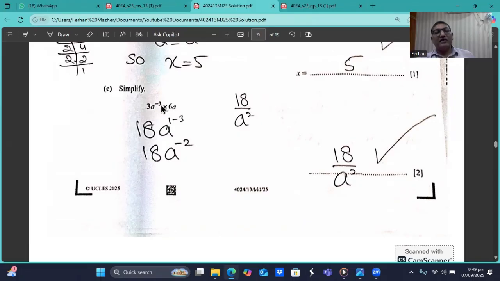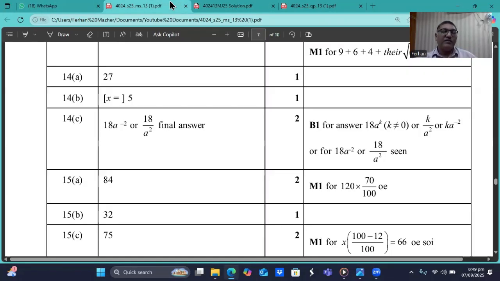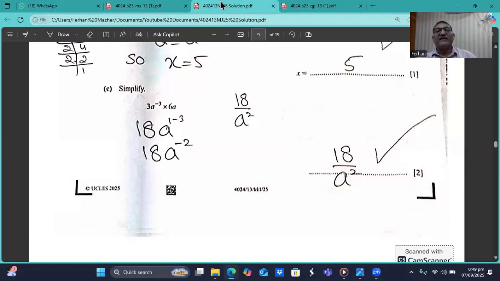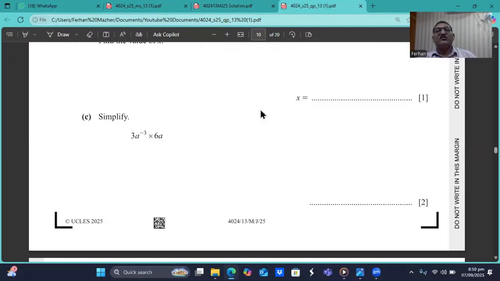So 18 a raised to power minus 2. Because this power is negative, I can take it downstairs, and when I take it into the denominator, the power will become positive. So 18 divided by a square is the right answer, sir.